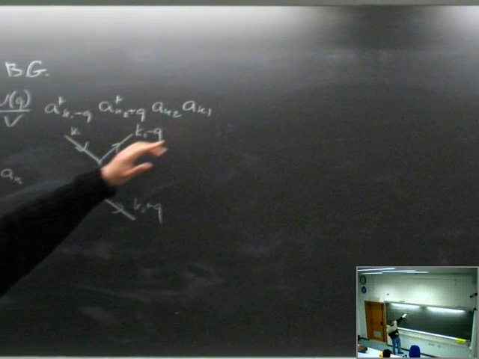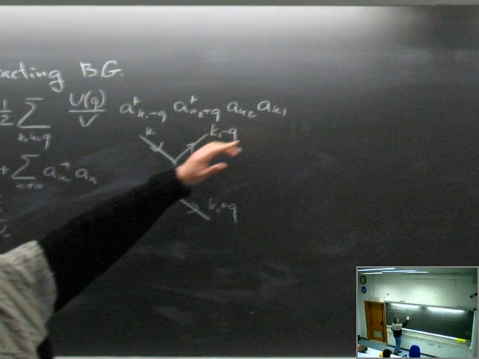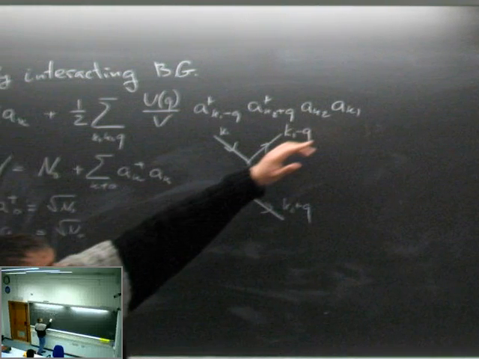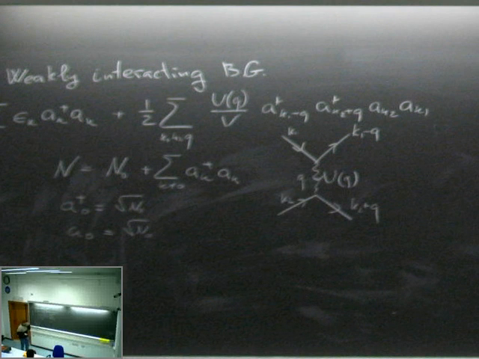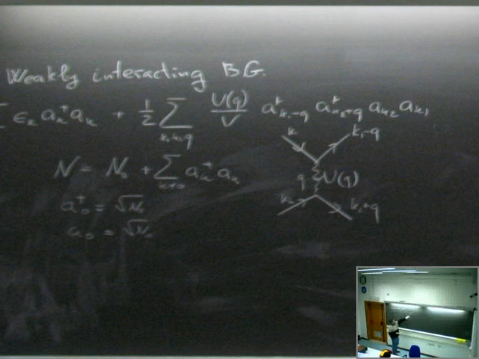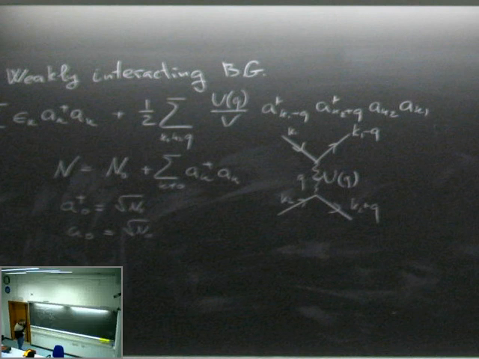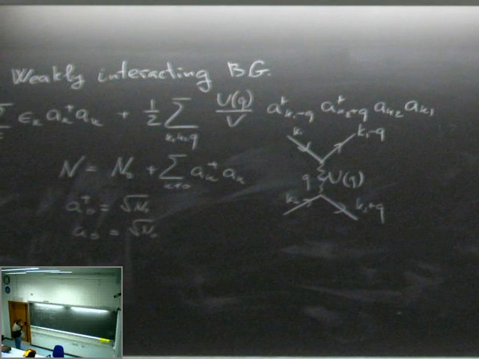This is what is written here, namely the boson with momentum K2 and boson with momentum K1 are annihilated, so they come to the point, they interact with interaction Q, such that momentum is transferred this way, and as a result of scattering, two new bosons with momentum K1 minus Q and K2 plus Q are created. So the momentum and the energy is transferred in the course of this process.